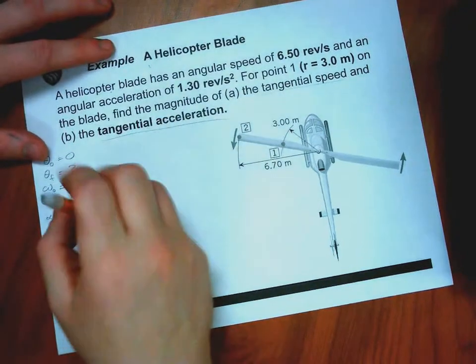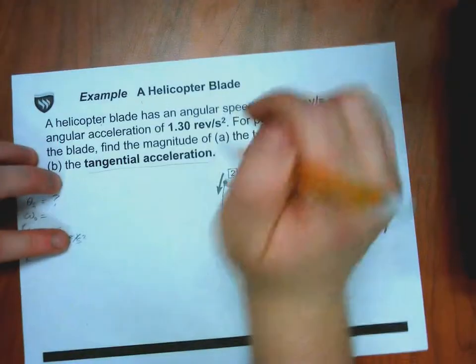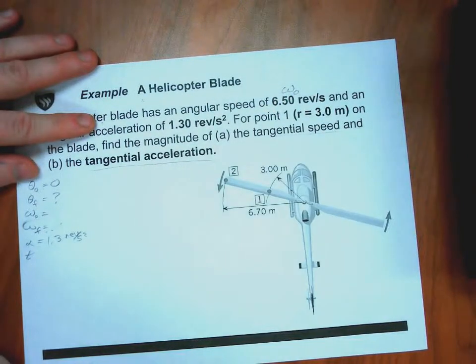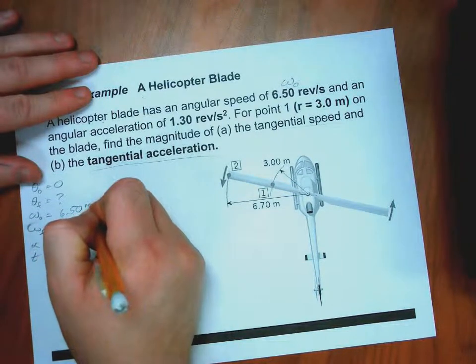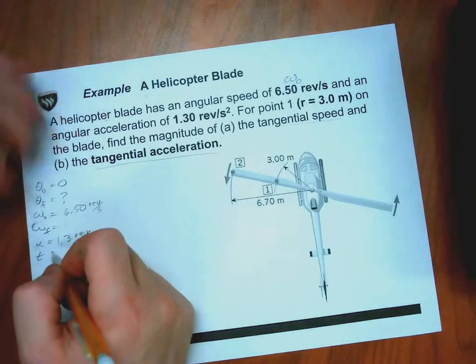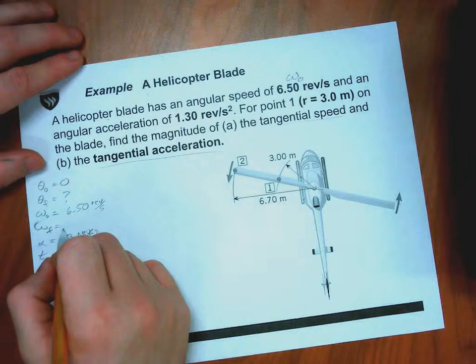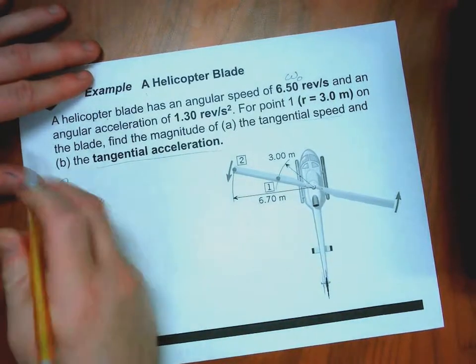Oh, I'm sorry. The initial angular velocity is right there. So that's 6.50 revolutions per second. It's acted upon by this acceleration. We don't know what the final velocity is because there is no final point in this problem.